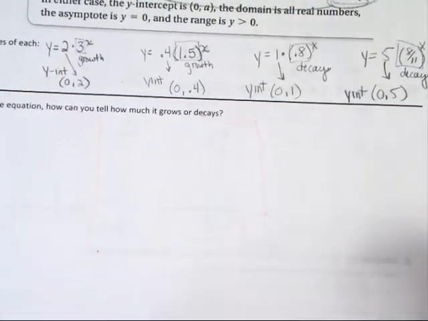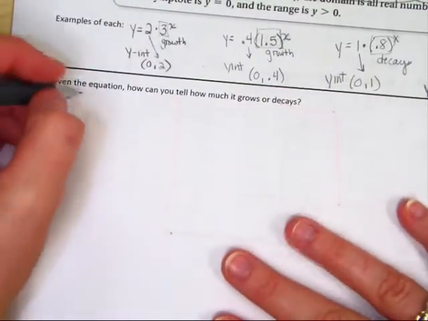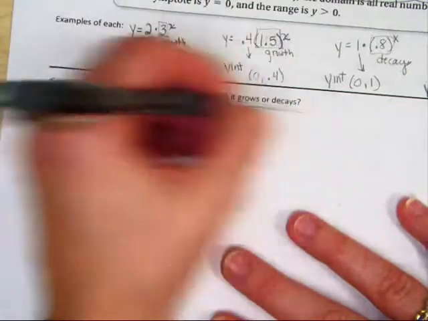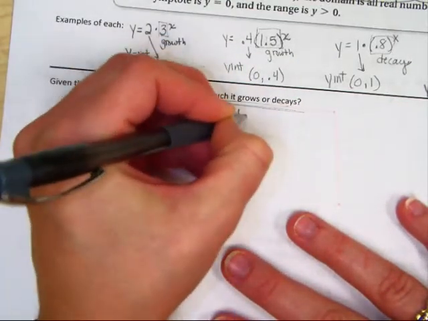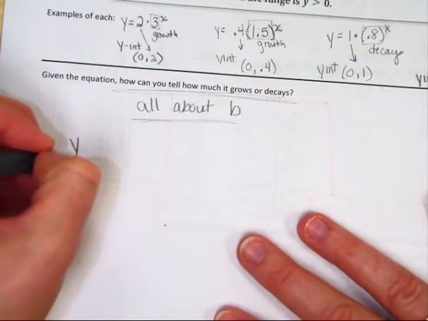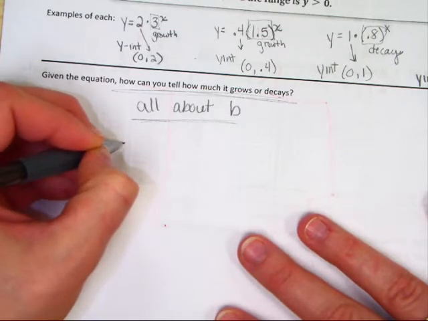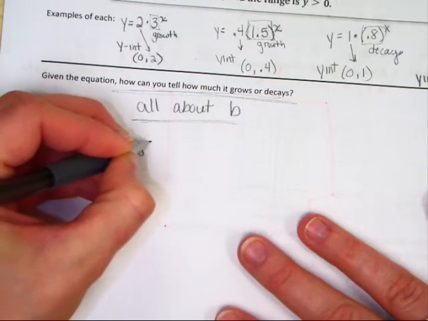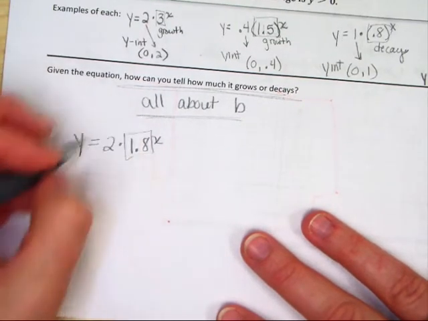Down here, how can you tell how much something grows or decays? Well, it's all about b. Alright, so underline this and write all about b. So let's say y equals 2 times 1.8 to the x power. This is b, right?